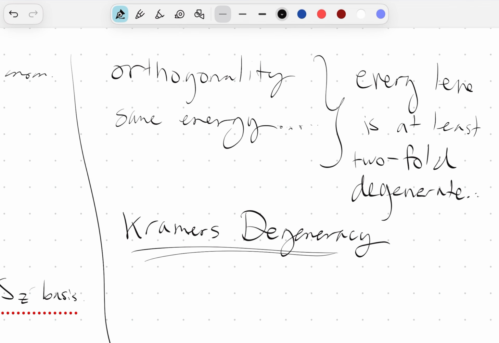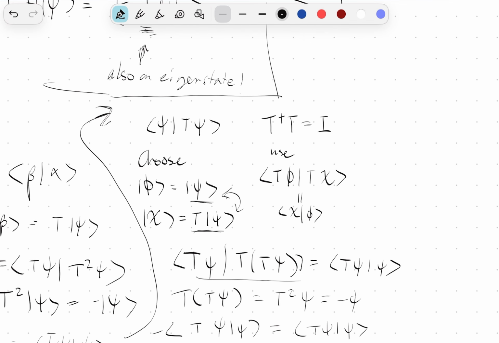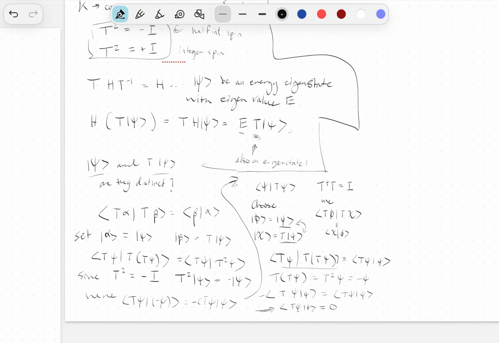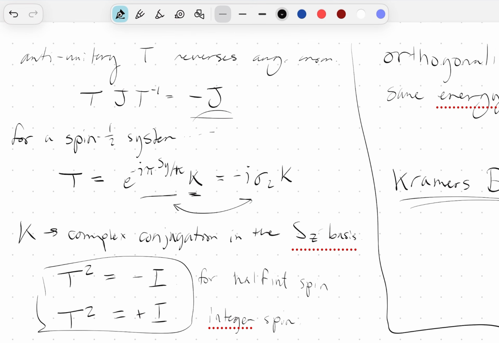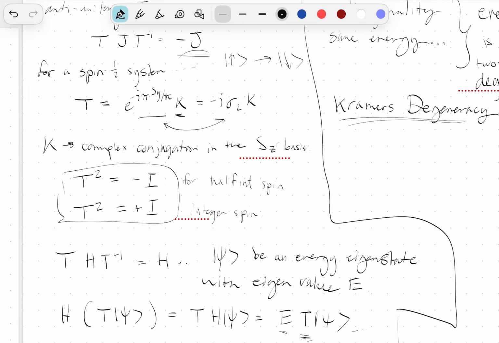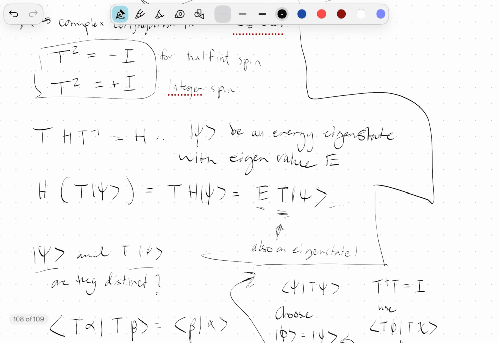Okay? So the physical idea is that time reversal is going to flip all of the angular momenta here, and it roughly maps this spin up state to a spin down state, up to a phase, of course. And in a time symmetric world, the two orientations must have identical energy.